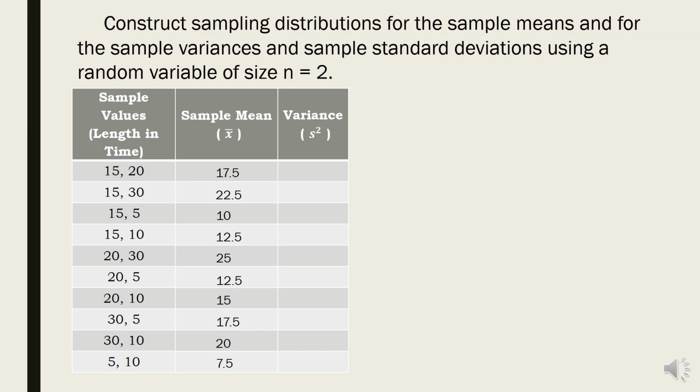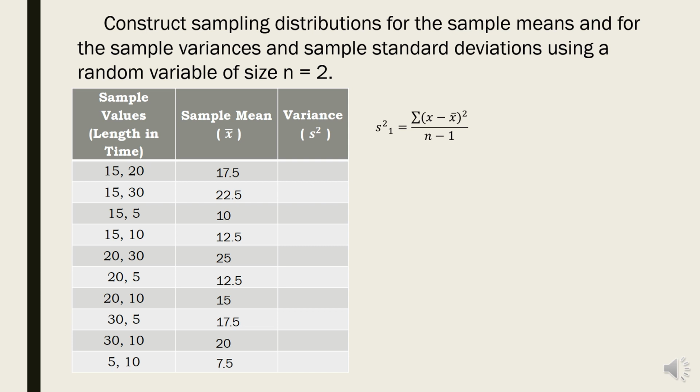Now, let us compute the variance of the sample mean. To compute the variance, we will use the formula s squared is equal to the summation of x minus x bar squared all over n minus 1. At this time, we have only 2 values per sample. Let us start with the first set.